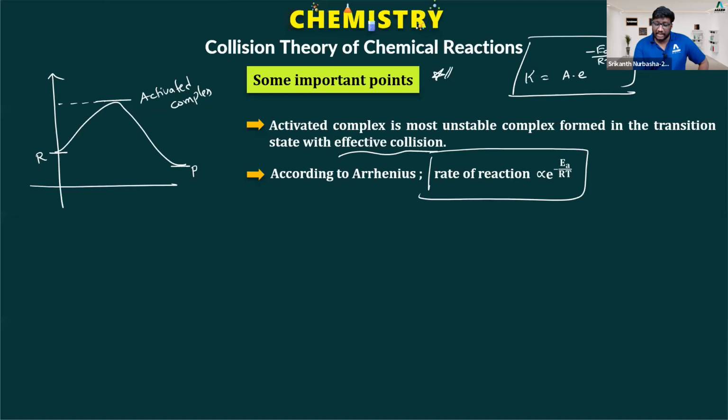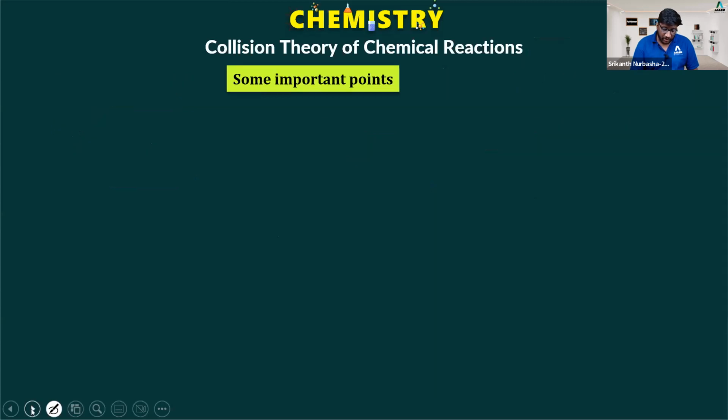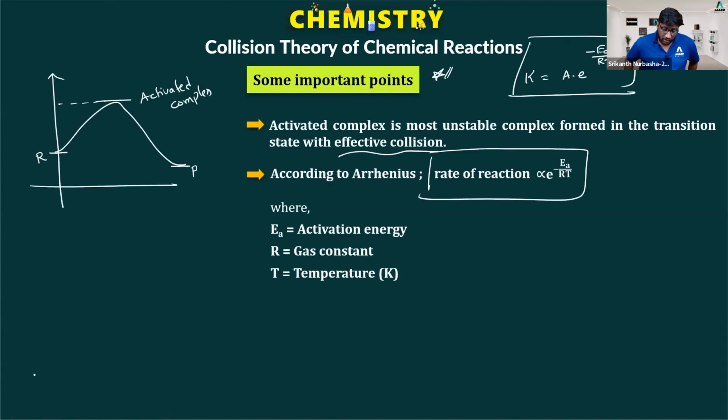E power minus Ea by RT is the Boltzmann factor, where Ea is the activation energy, R is the gas constant, T is the absolute temperature. Rate of reaction is directly proportional to e power minus Ea by RT. K by A, rate constant k divided by Arrhenius factor A, is the number of molecules possessing energy greater than the activation energy.